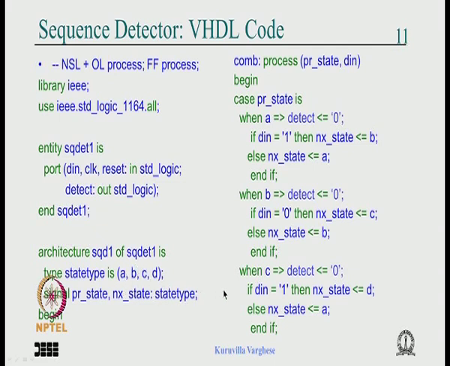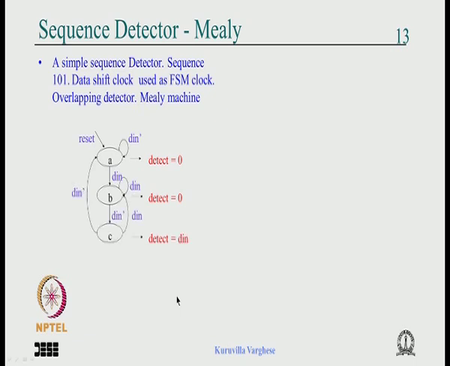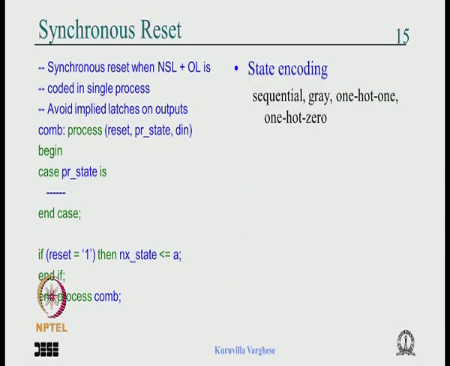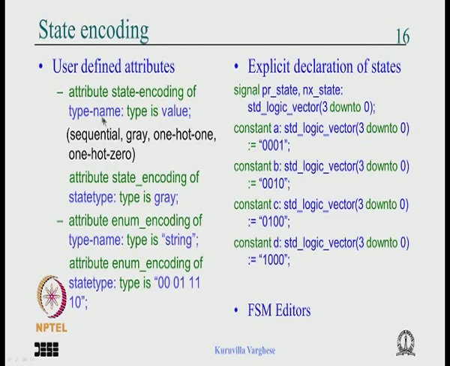And if you want to change this assignment for whatever reason, and we are going to see what reasons there could be, you can use the predefined attributes of VHDL to control that. That is called state encoding: sequential, gray, 101, 100. I am showing what was supported in the integrated system environment of the Xilinx ISE.